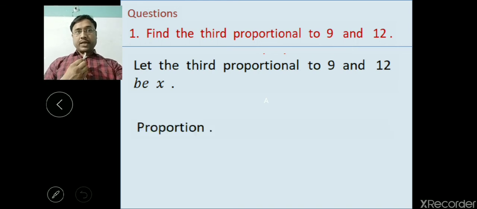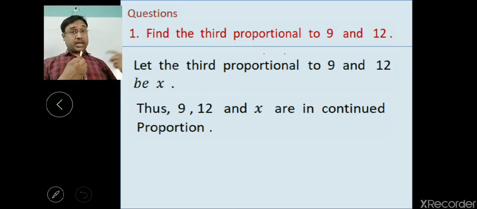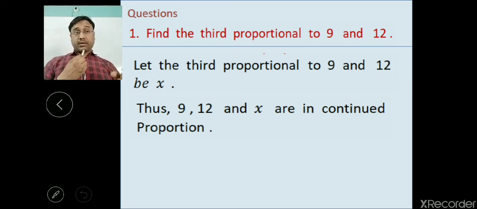Then thus 9, 12 and x are in continued proportion, because it is talking about third proportional, and the term third proportional comes in normal proportion also and continued proportion also.